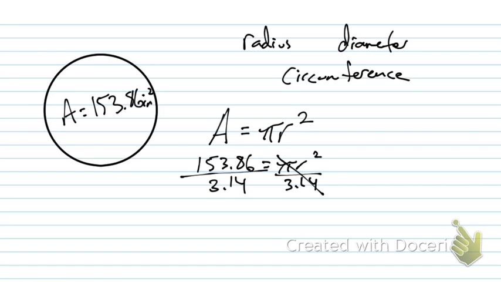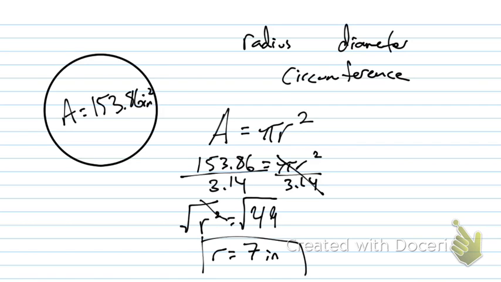Once I divide by pi, I'm left with r squared equals 49. Now, how do I undo squaring something? What's the inverse operation? Square root. So I'm going to take the square root of both sides, and I'm going to get r equals 7 inches. So here's my radius.